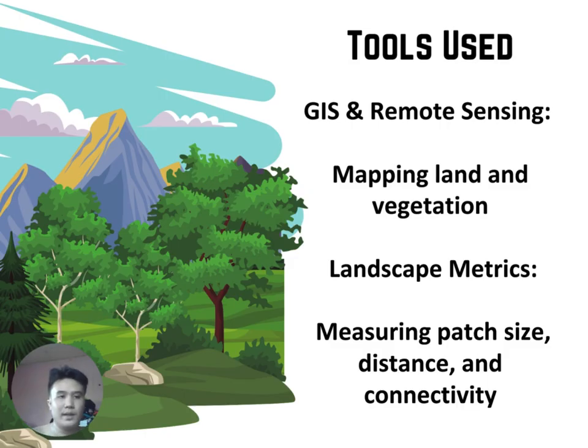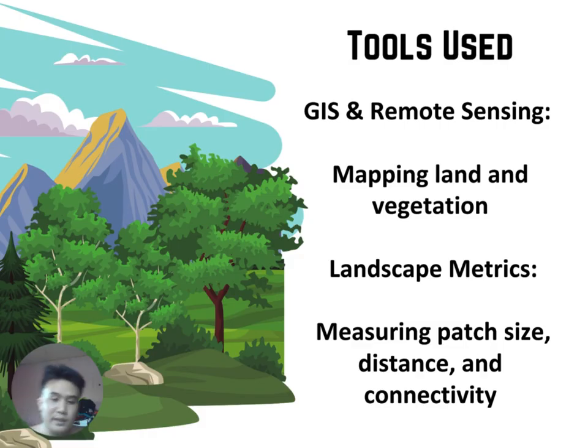Next is the tools. Unsa man ni pag-study? Dili lang ni pang theory. First, GIS, or geographic information system. It is used to map and analyze landscapes, like Google Maps on steroids, and scientists use this to see patterns in land use, forest cover, and fragmentation.